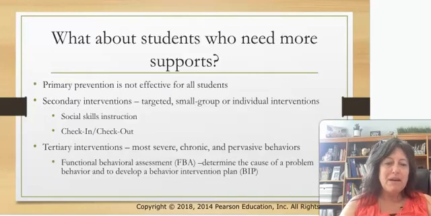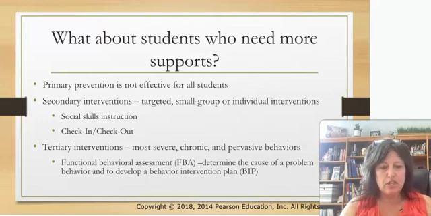So what about students who are going to need even more than that in your classroom? Because that primary prevention is not effective for all students. Secondary interventions are going to happen, and these can happen in small group or individualized, and these are going to be specific skills on social instruction where students are checking in and checking out.